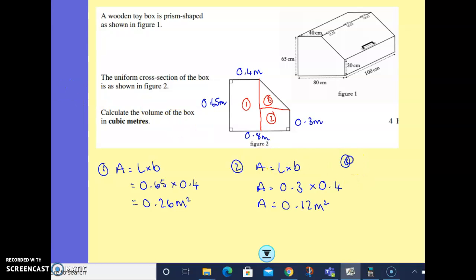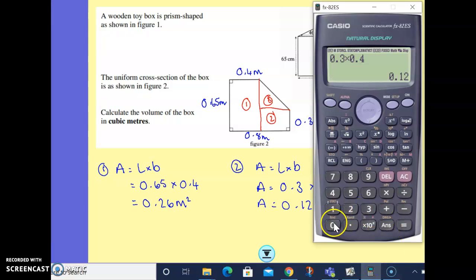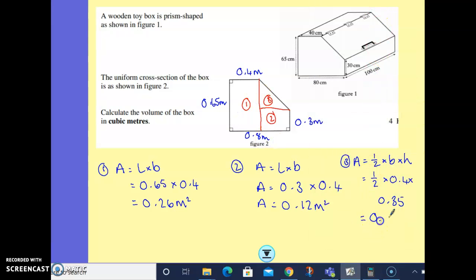So number 3, area is a half times base times height, which is a half times 0.4 times, whole distance here is 0.65, this part here is 0.3, so this part here must be 0.35. So 0.5 times 0.4 times 0.35 is 0.07.